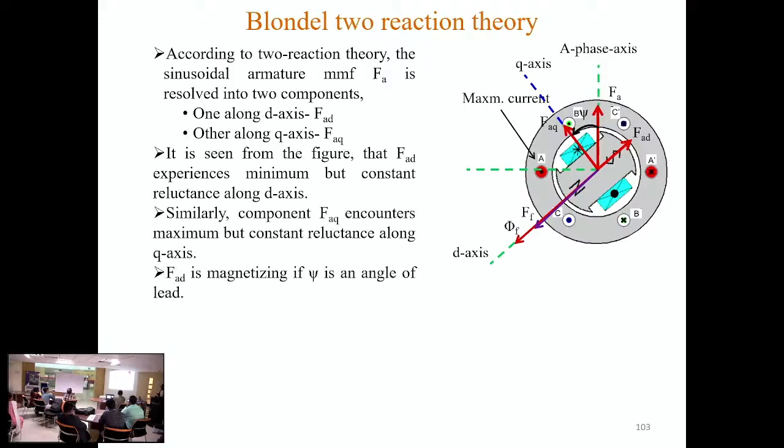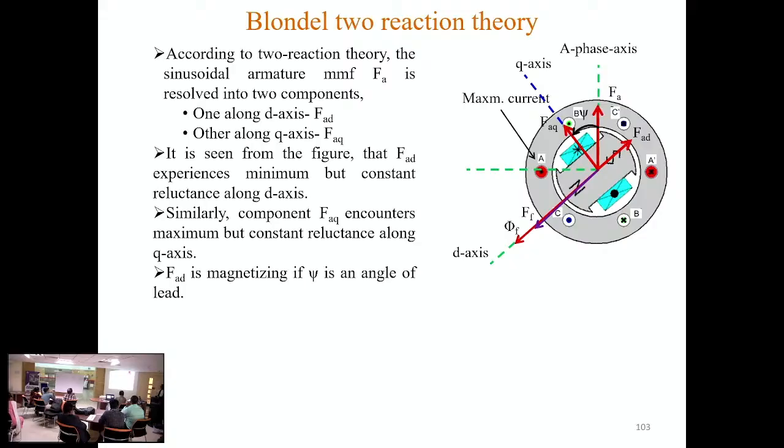So FAD is magnetizing if psi is an angle of lead. That we have seen in earlier cases. This armature reaction can be either magnetizing, demagnetizing, or cross magnetizing based on the power factor of the load connected. If it is a leading load, it will be magnetizing.